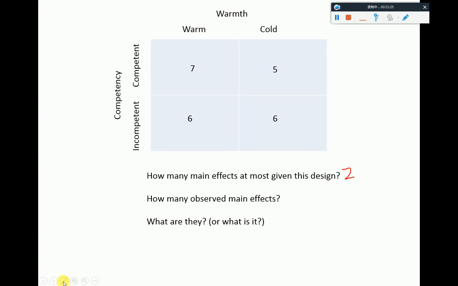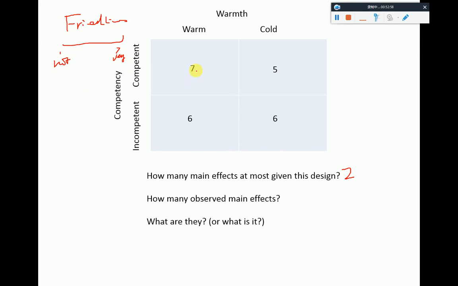Remember, in the previous slide, how do we work out main effects? Let's say we want to work out whether or not there's a main effect of warmth. That is, we want to know whether this manipulation between warm and cold will produce any difference in terms of a person's perceived friendliness, on a scale from 1 to 7, with 7 as very friendly, 1 as not friendly at all.